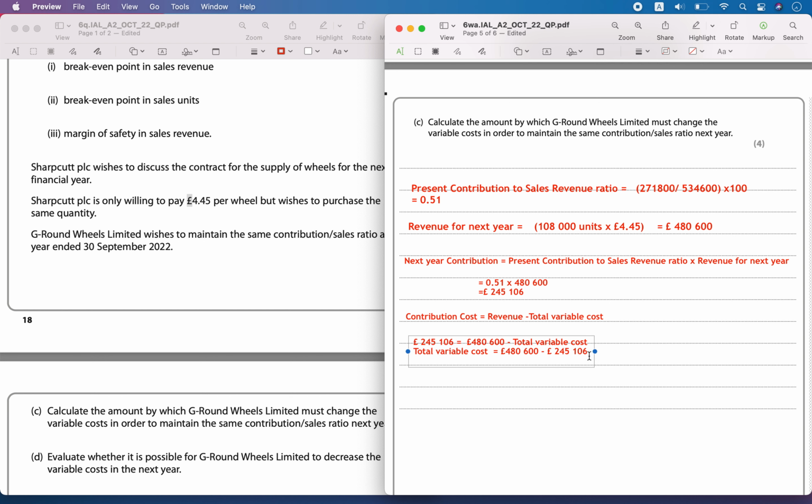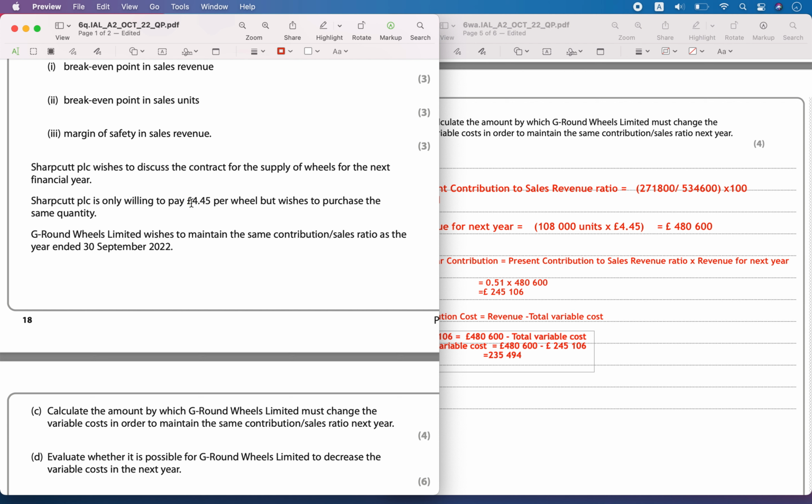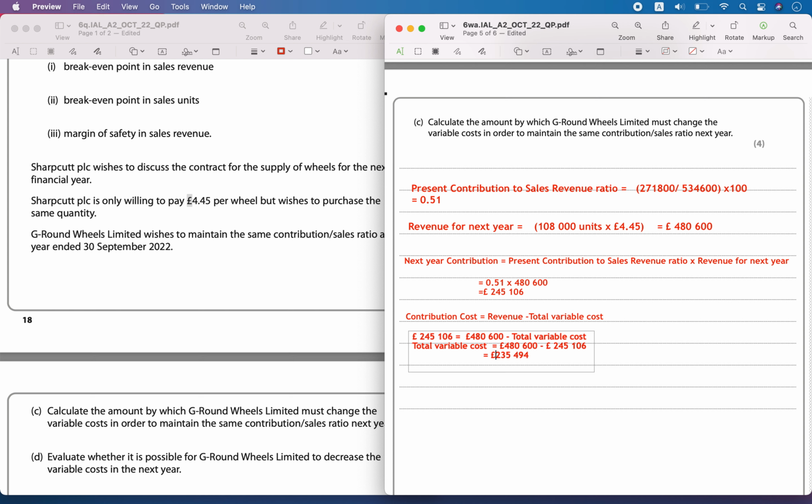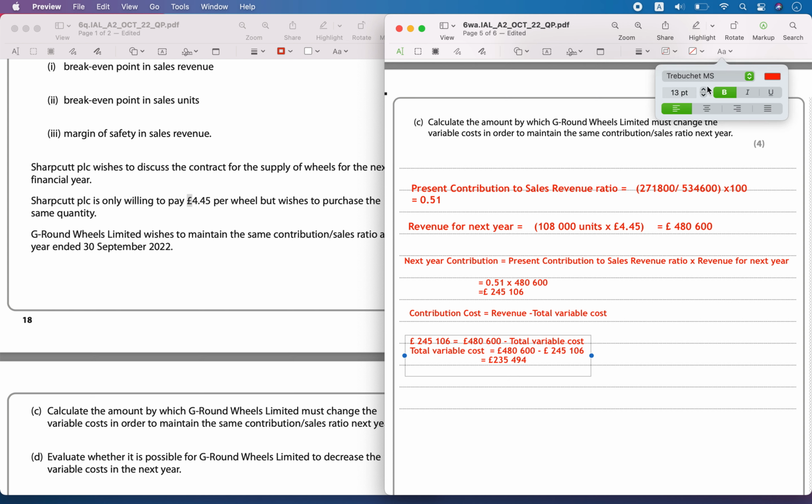That is equal to 235,494 pounds. So this is the variable cost you have to have in order to maintain the contribution to sales ratio for the next year.